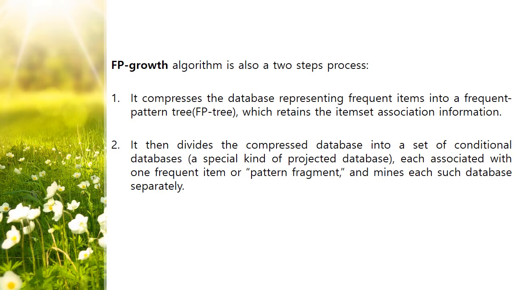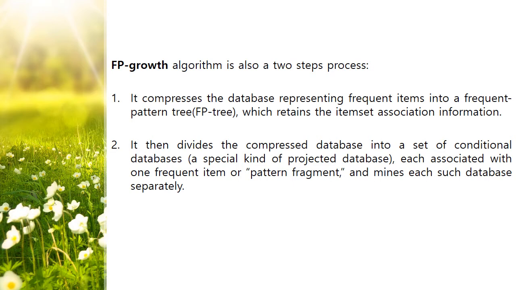The FP growth algorithm is also a two-step process like Apriori. First step, it compresses the database representing frequent item sets into a frequent pattern tree, known as the FP tree, which retains the item set association information. In the second step, it divides the compressed database into a set of conditional databases, a special kind of projected database.